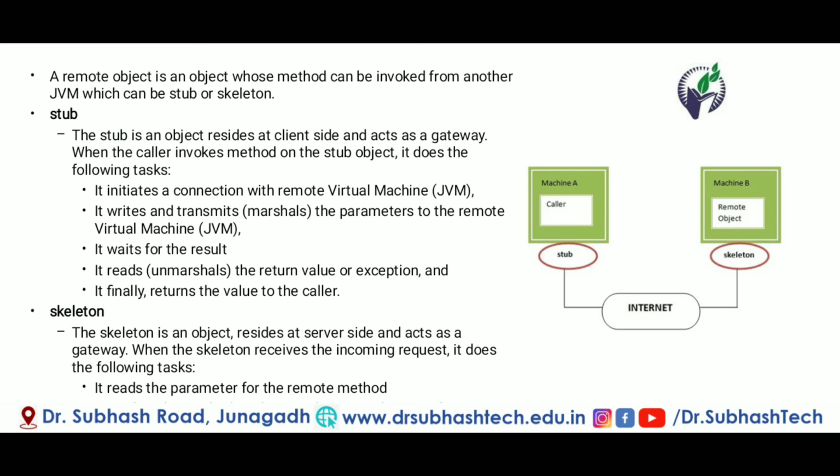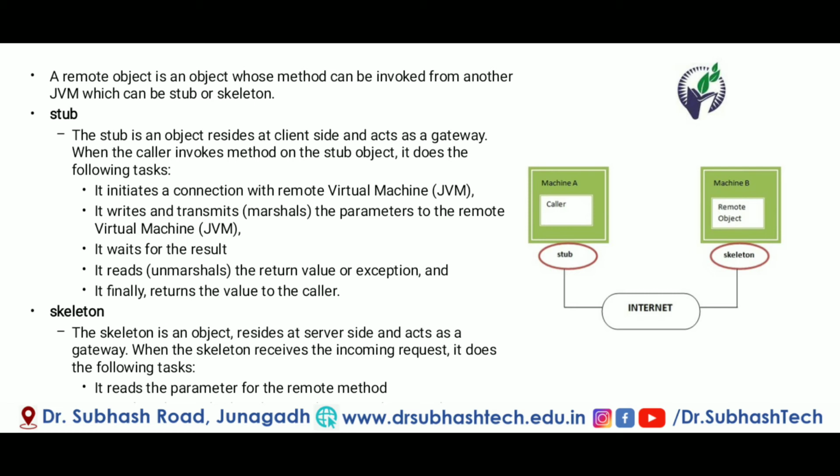So what is the marshalling and unmarshalling process? When the parameter is passed from the stub to the skeleton, or we can say from one object to a remote object, we don't know what the environment is or what different features are available in different JVMs or different environments. In RMI, you pass a parameter that is situated in one system to another system and another environment which exists remotely.